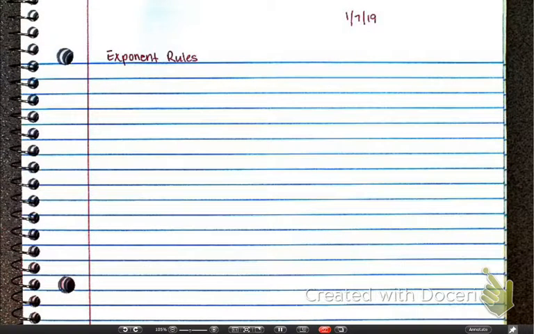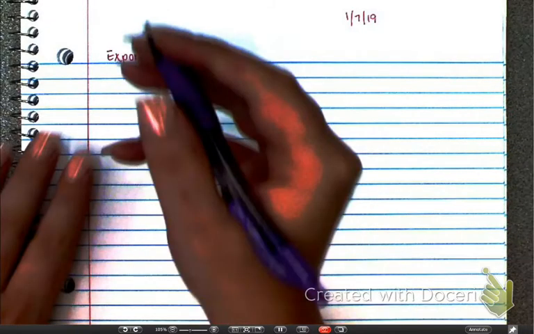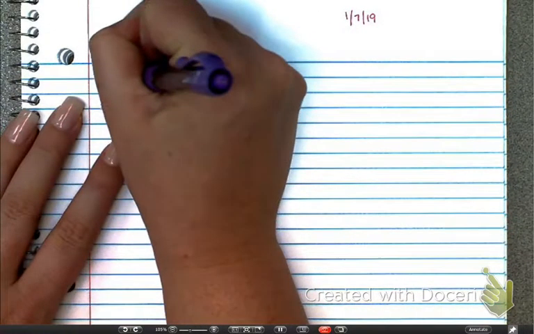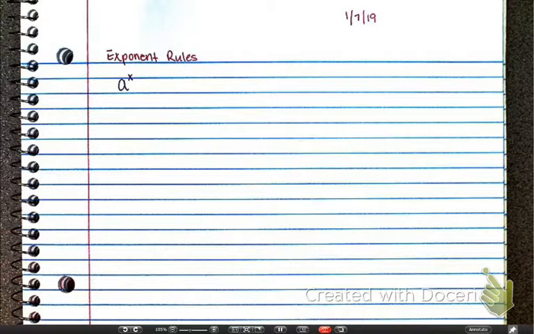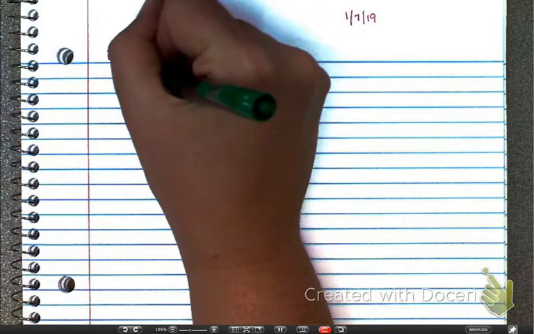So, exponent rules. First of all, I'm going to give you a general thing. Can you tell me where the exponent is? It's the x, right? This is the exponent.